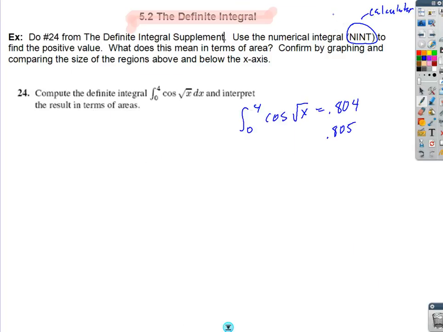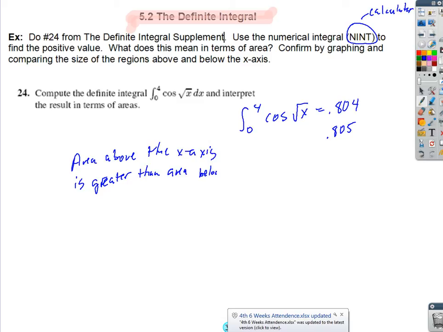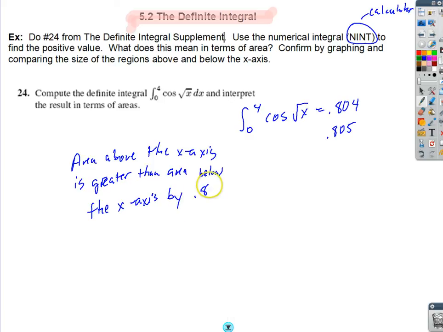And that's what you would say here, interpret the result in terms of area. You say, well, the area above the x-axis is greater than the area below the x-axis by how much? 0.804 units.